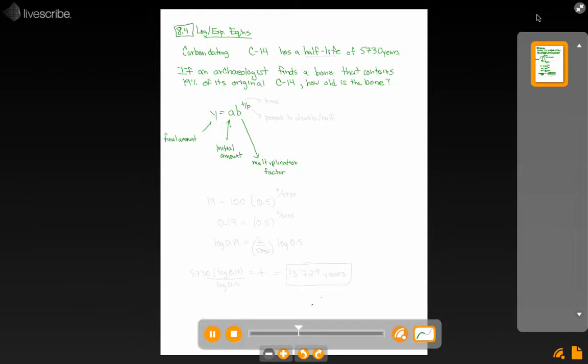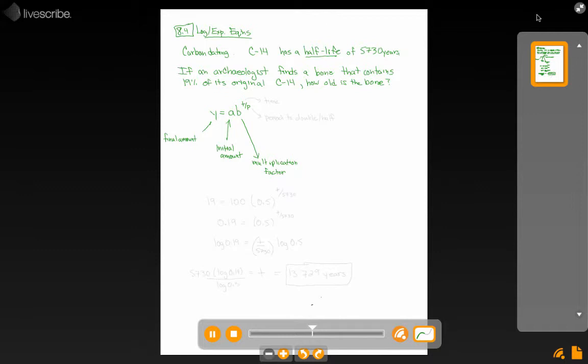So in the case of a half-life question like this, the half-life means that our multiplication factor is a half. A lot of questions are doubling time questions, and so your multiplication factor is 2. It's multiplied by 2 every doubling time. But there are some questions, interest questions, for example, where something's going up 5%, so your multiplication factor is 1.05. We've done some of those in the past, and we'll run into some more in the future.